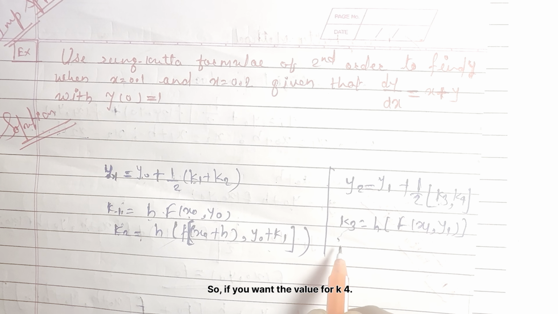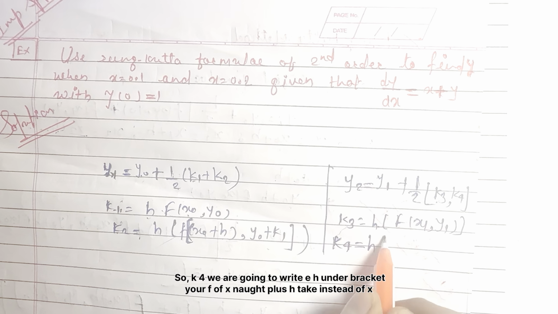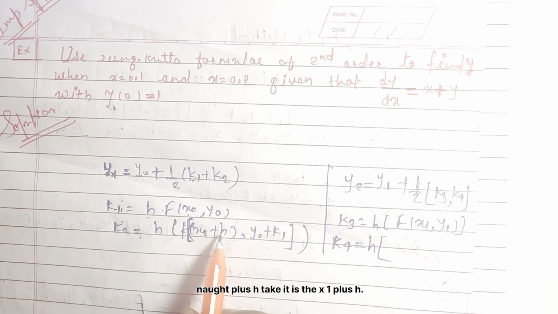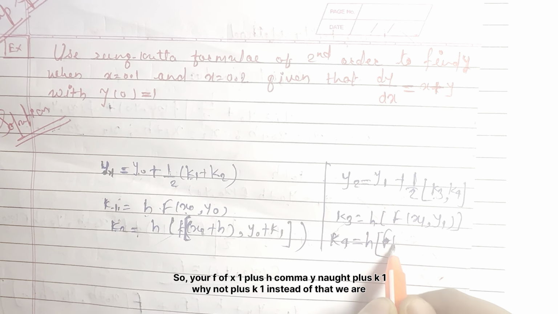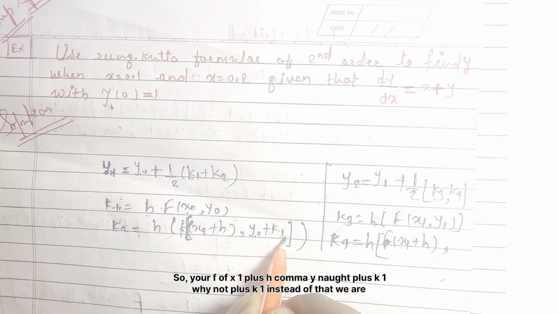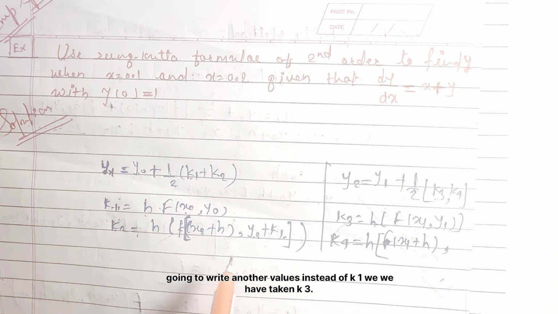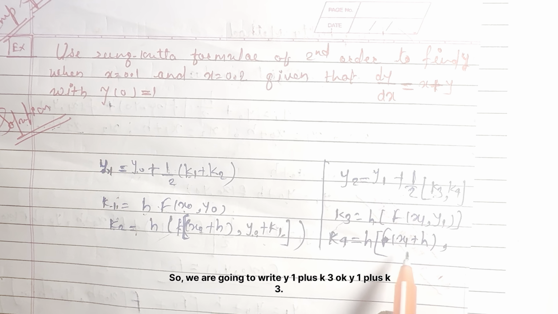If you want the value for k4, we write h f(x naught + h, ...), but instead of x naught + h, take x1 + h. So f(x1 + h, y naught + k1), but instead of y naught + k1 we write the new values: instead of k1 we have taken k3, so we write y1 + k3.